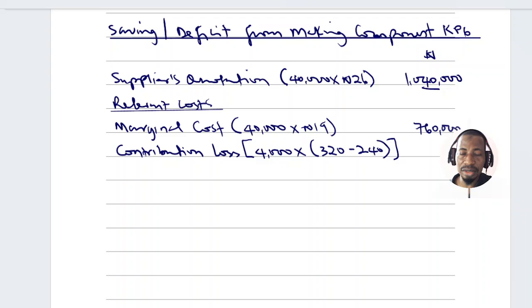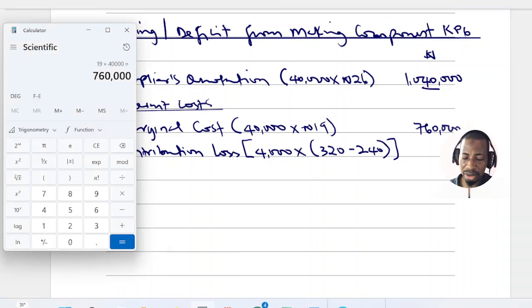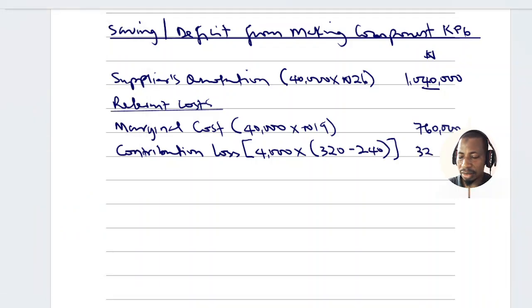The difference is contribution per unit, which is 80 naira. So you multiply the 80 naira by the 4,000 units. That will give you the contribution that will be lost if the component is manufactured internally. So 80 multiplied by 4,000 is 320,000 naira. So here is 320,000 naira.